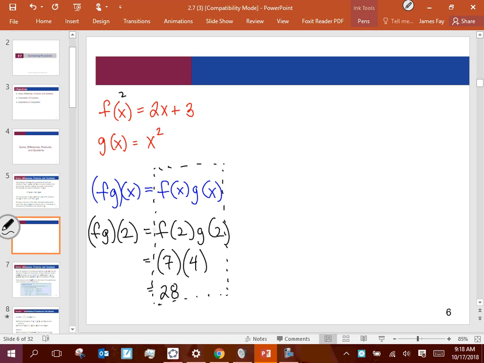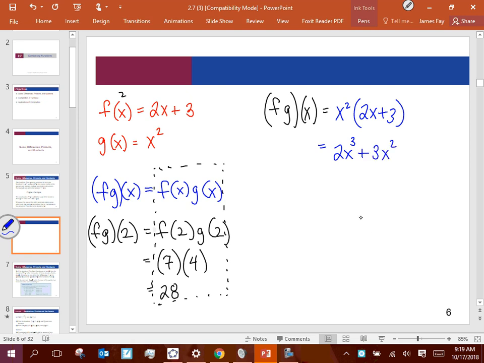That's the idea that we're doing when we break it apart as f of x times g of x. When I leave it as f times g of x, that way, the idea is this, guys. If I were to take x squared, multiply it by 2x plus 3, will that give me 2x cubed plus 3x squared if I distribute that stuff through?